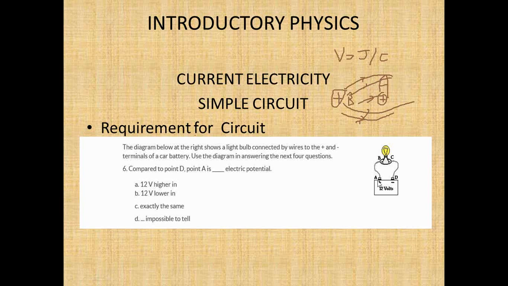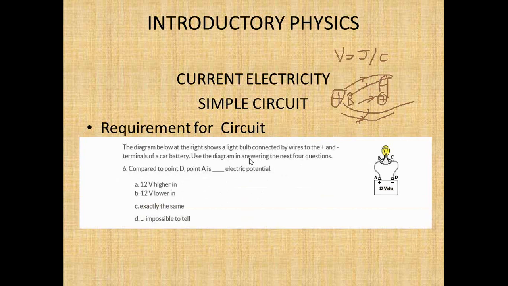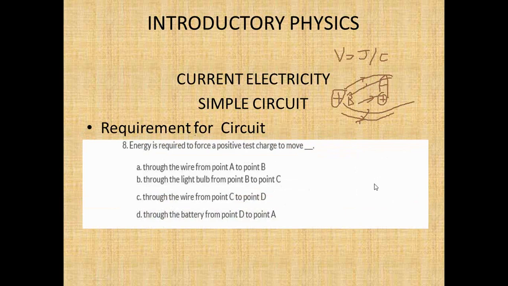That's how you get your potential difference, and you need a potential difference. So it's going to move from D to A through the battery. You have to do that before anything happens. That is why you need a battery to move the positive test charge from the low potential terminal to the high potential terminal.